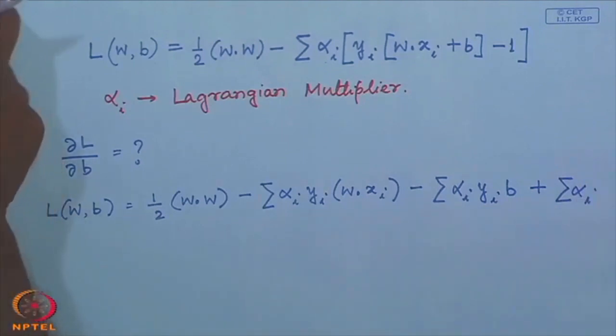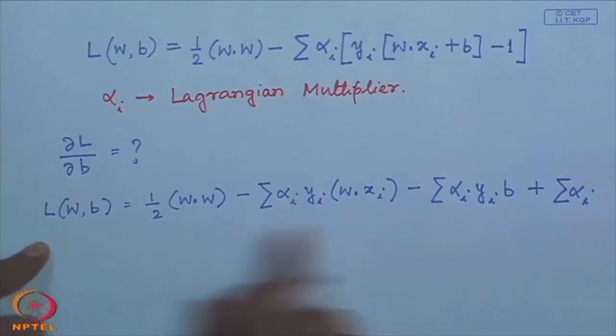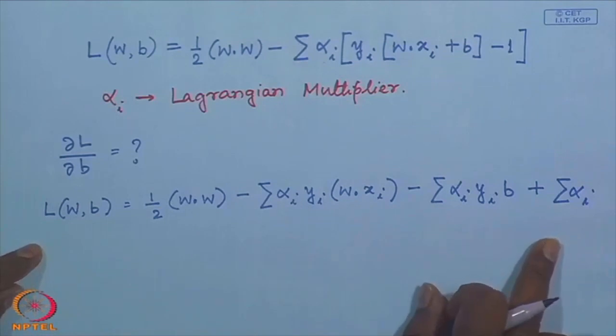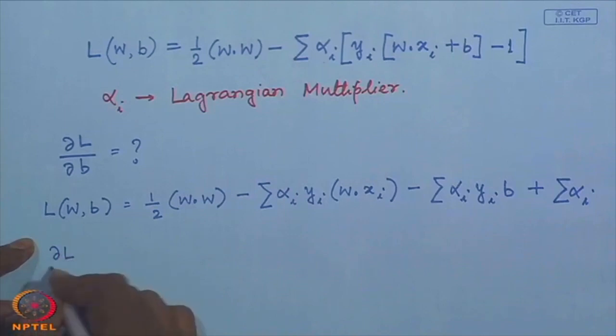So, this is the expanded form I have. Clearly, if I take the derivative of this with respect to b, so I want to compute del L del b.